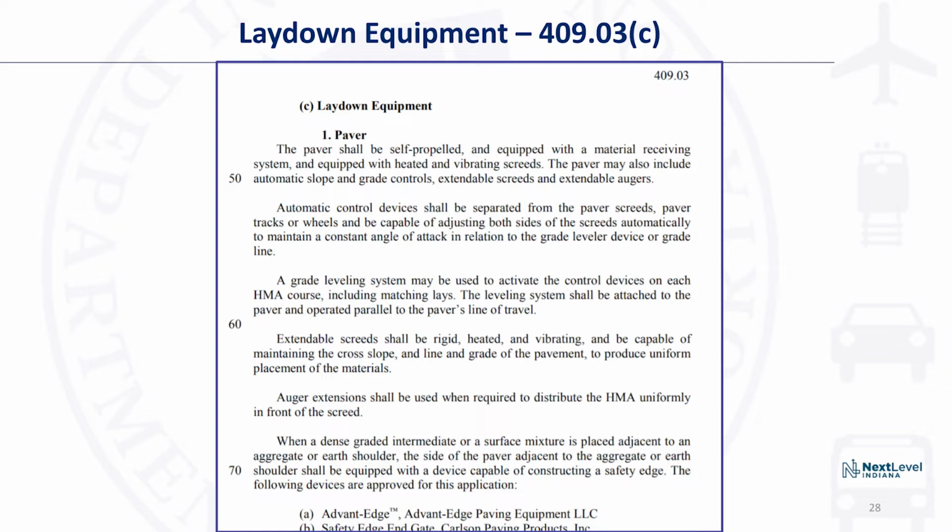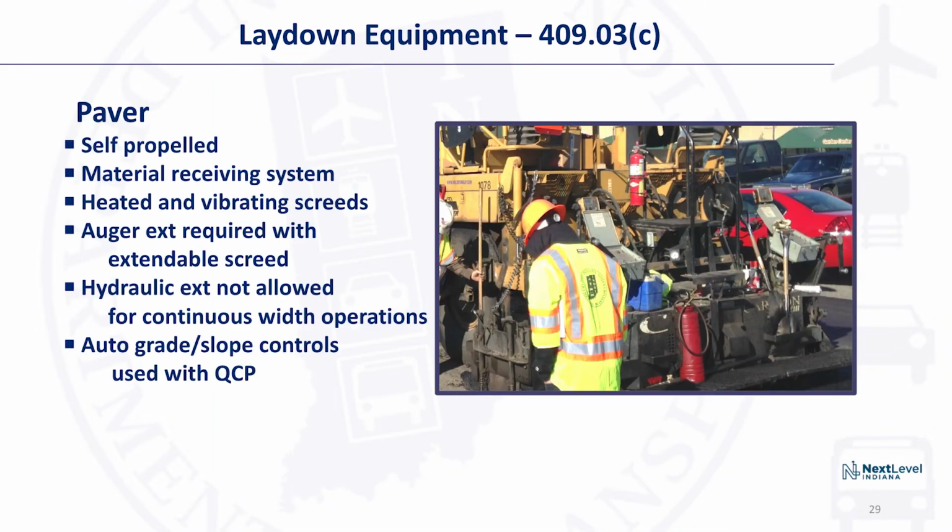So it talks about the paver, some general requirements that are needed: self-propelled, it's got to be able to receive the material, heated and vibrating screeds that hopefully are on, auger extensions, automatic grade and slope controls. So again, the specs are why it requires what goes into the paving QCP. That's why we're going over this stuff.